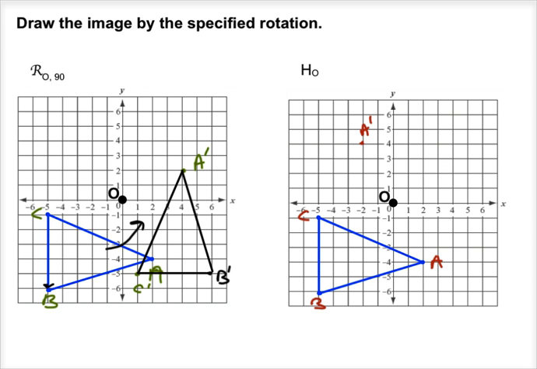So let's look at C. C is 5 left, down 1. Let's do the exact reverse, which would be 5 right, up 1. Let's look at B. B is 5 left, down 6. Do the exact opposite, which would be 5 right, up 6.